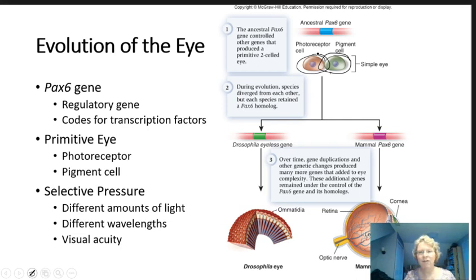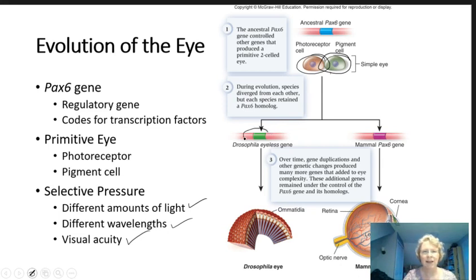The evolution of more complex forms of eyes resulting from selective pressures to respond to different amounts of light or different wavelengths so we can see color, or visual acuity so we have a sharper vision, resulted from duplications of the PAX6 gene and changes to the PAX6 gene.